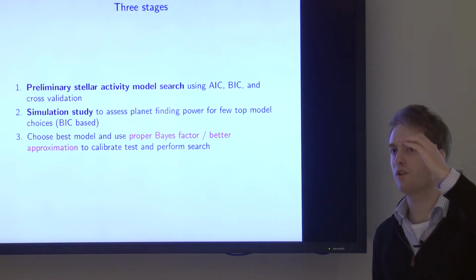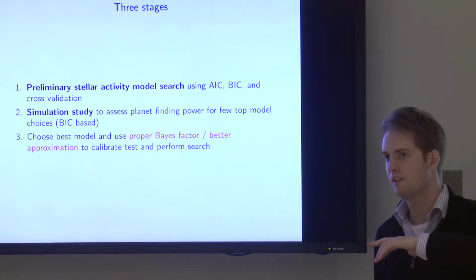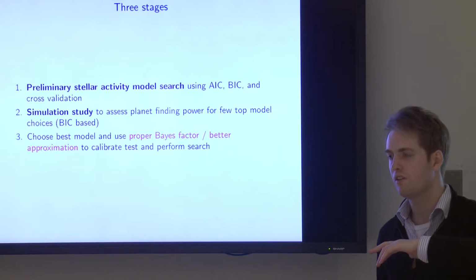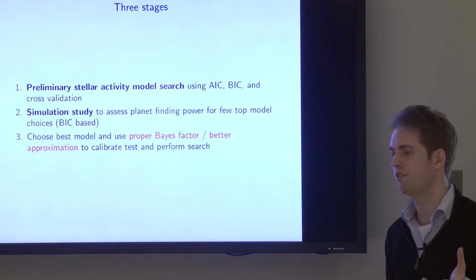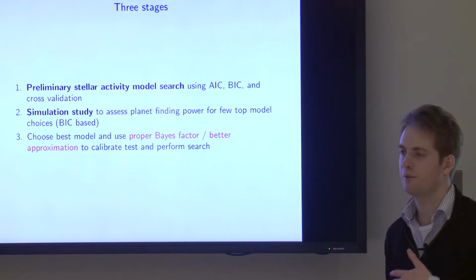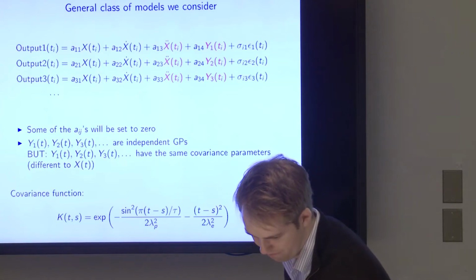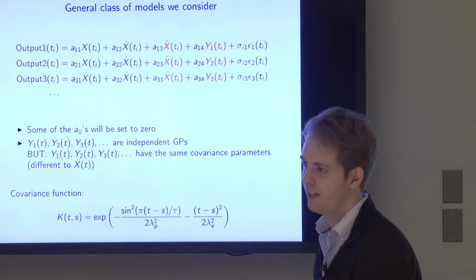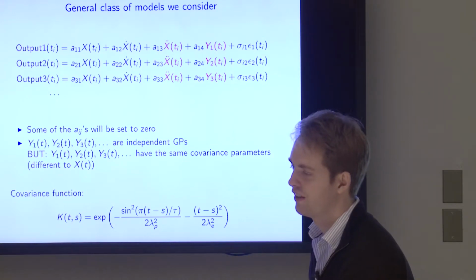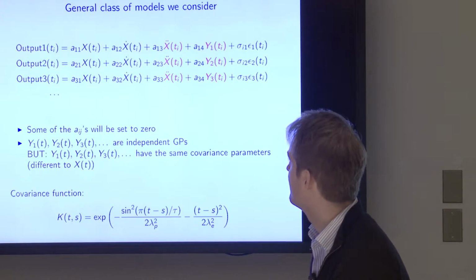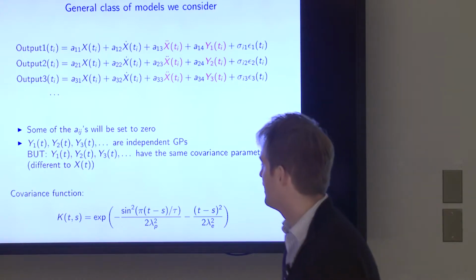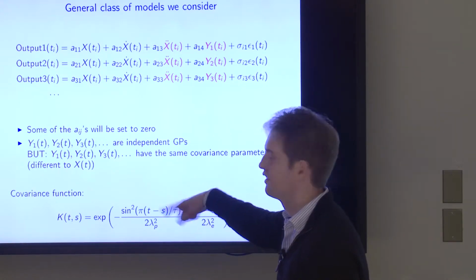I'm just observing maybe 100 time points in the 3 outputs, but it could be more. But there are 12 A's, right? Because the A is fixed across time. It's only the process that changes. So these are all of the parameters to select from, and the parameters in the covariance matrix.